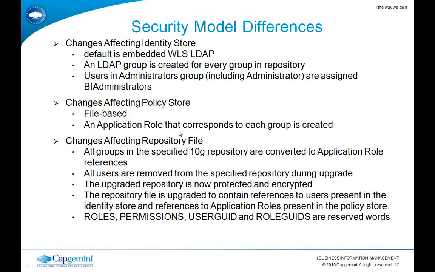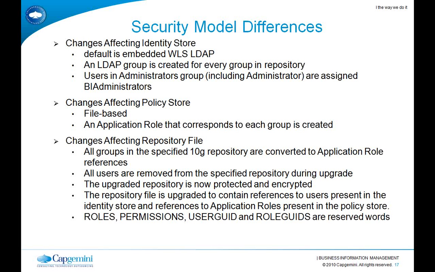Then we've got the repository file. There is some backwards compatibility between the way 10G worked and 11G. But as stated here, all of your groups will be converted to an application role reference. So they'll create the group, create a corresponding application role, and reassign, and then you manage based on application role.